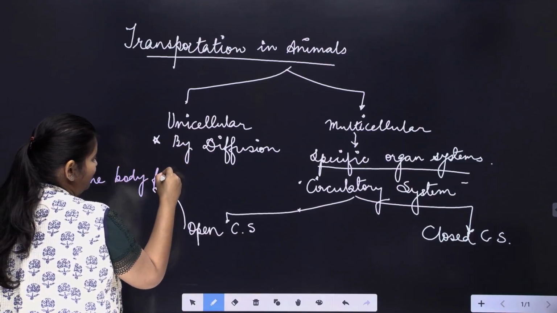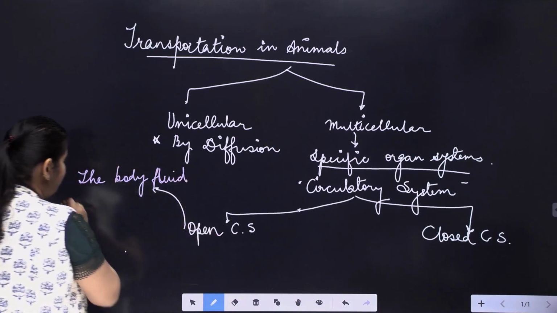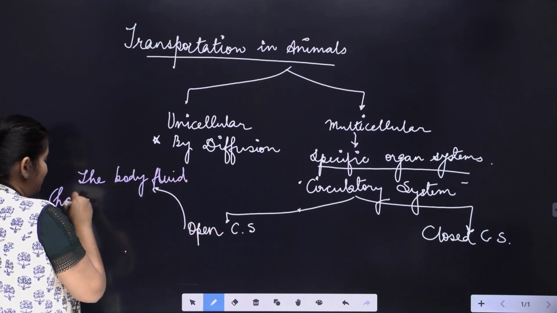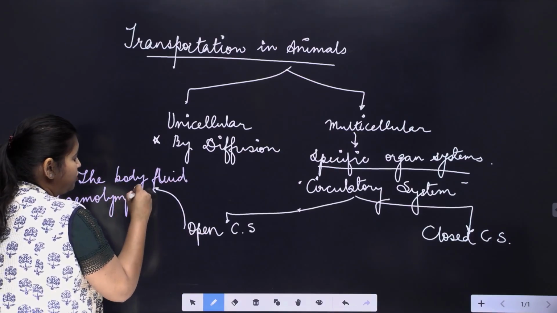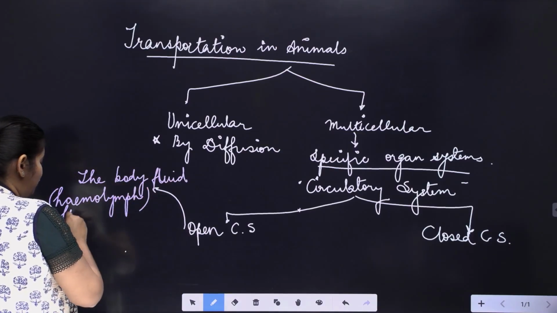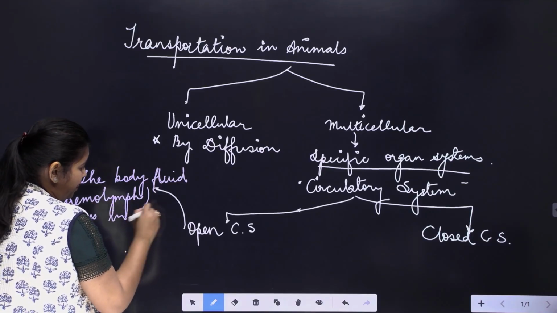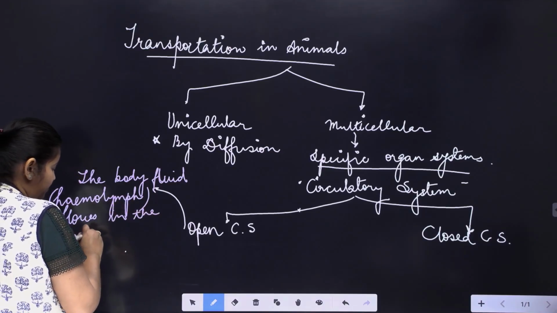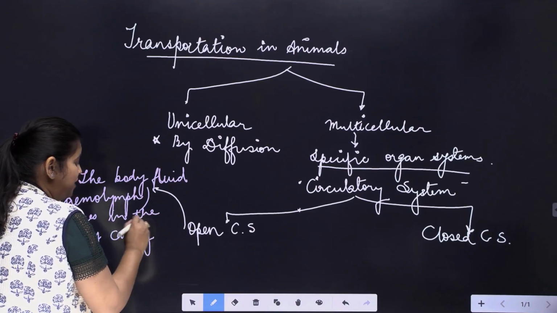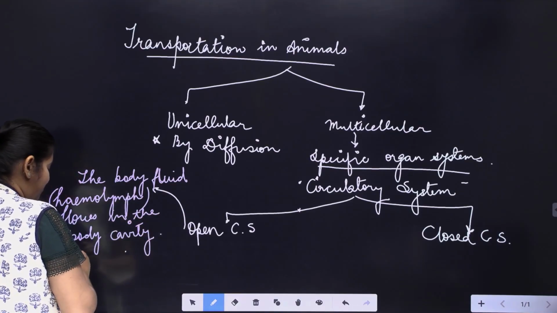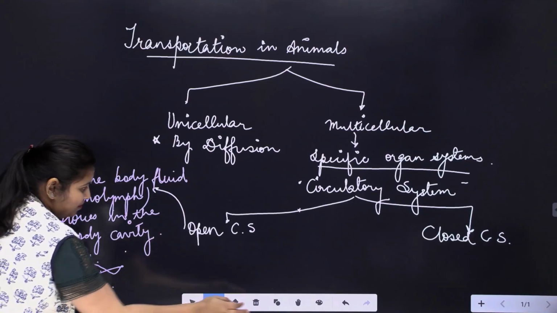For example, if I take a cockroach, the body fluid in cockroach is known as hemolymph. Blood vessels are absent in this case.